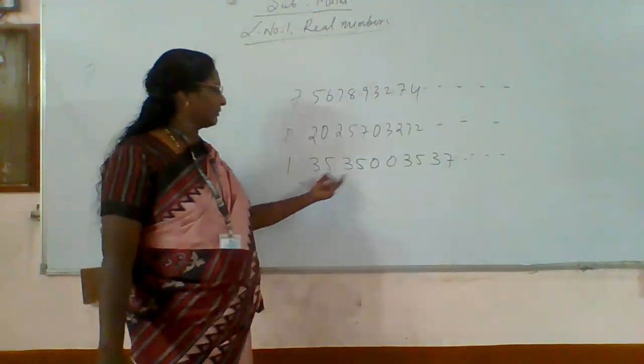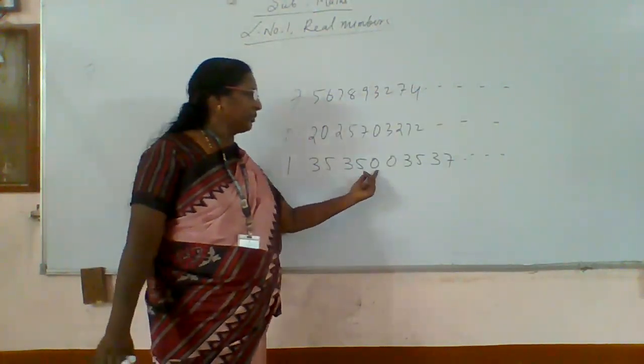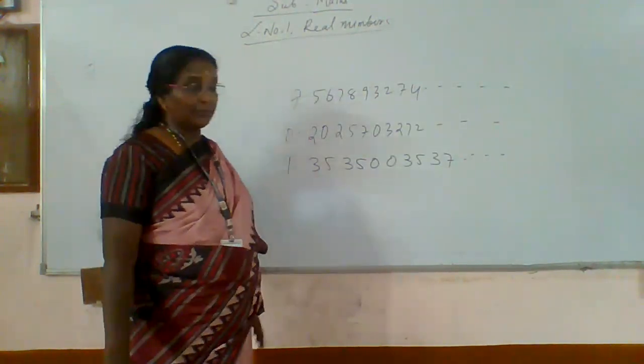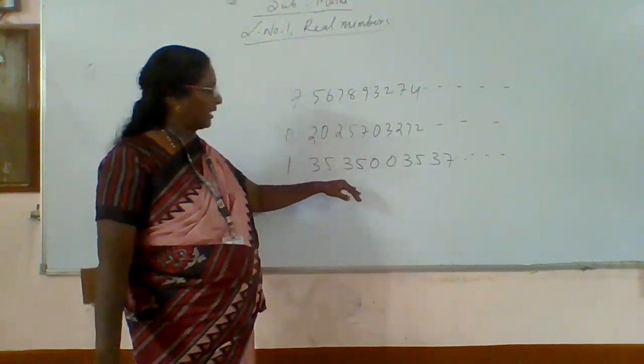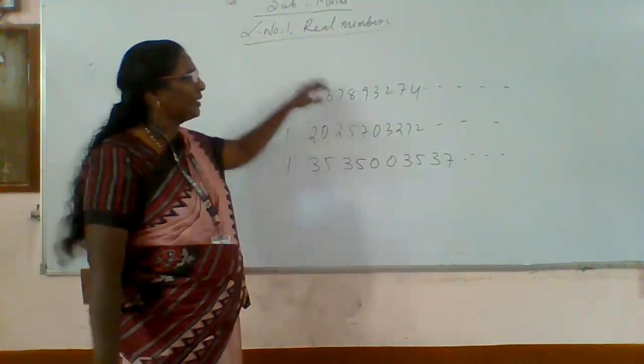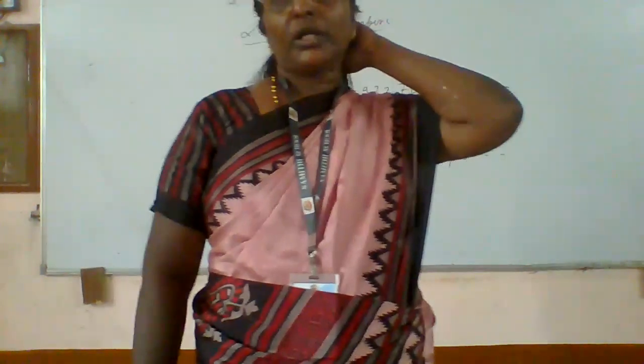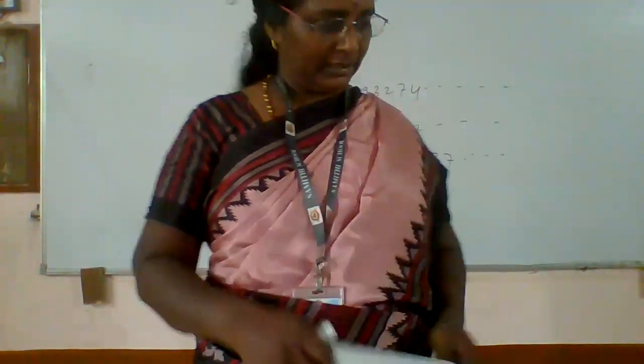No. 35 is here repeating, but in between there is again 0, again 35. I already explained repeating clearly. So in this way, you write any 3 numbers yourself. They should be non-terminating and non-recurring.